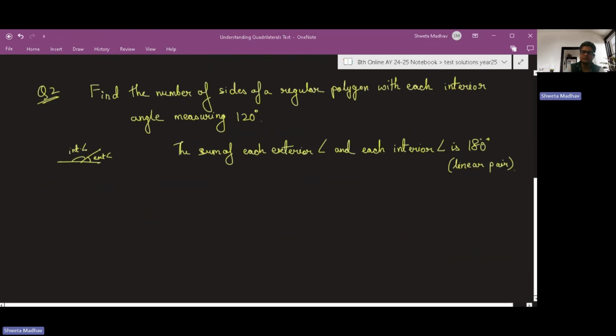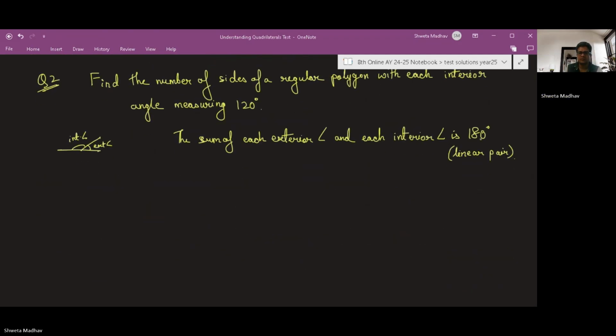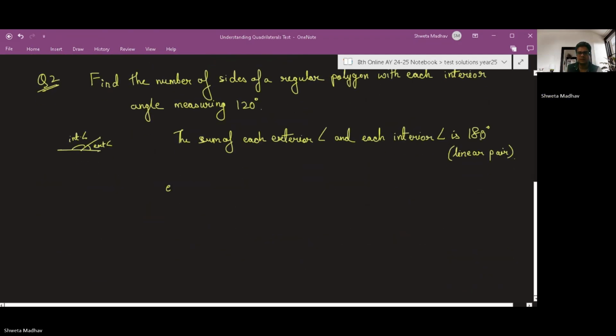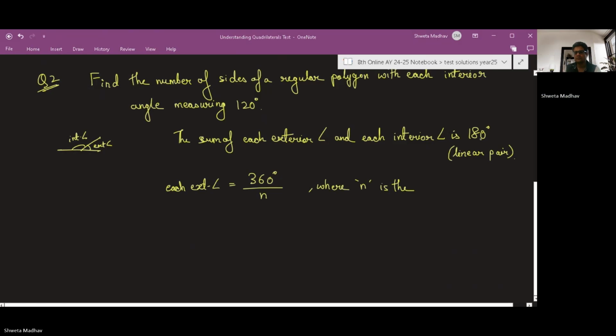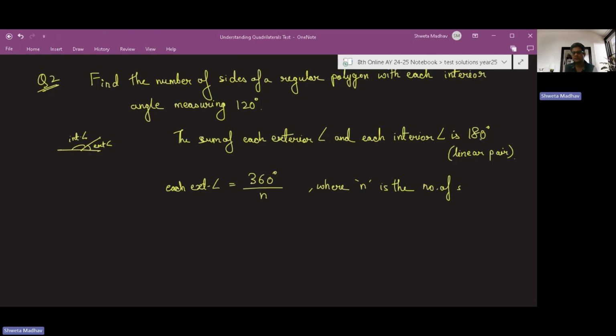And we know that each exterior angle is given as 360 degrees divided by n, where n is the number of sides of the regular polygon.